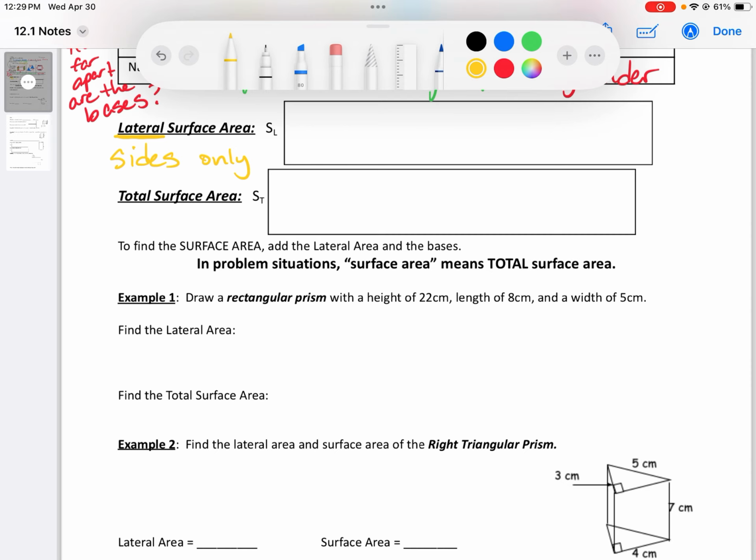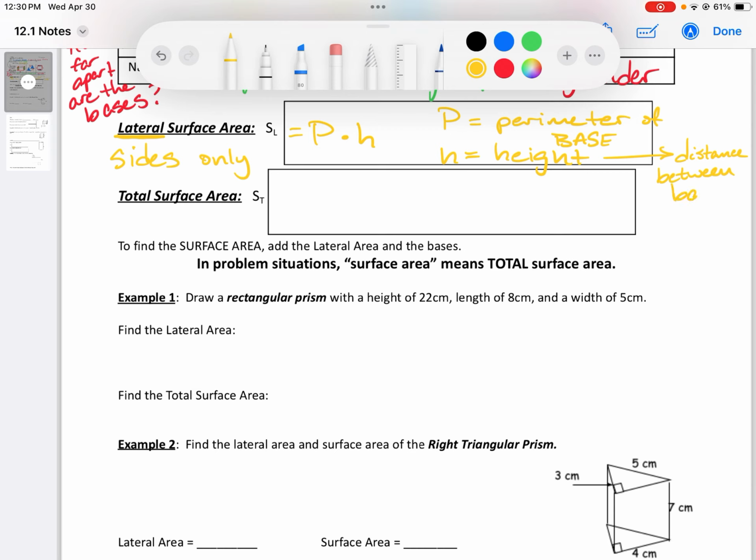And lateral surface area is only the sides of the shape. The formula for this is P times H, where P is the perimeter of the base, and H is height, which again, you should think, how far apart are the bases?